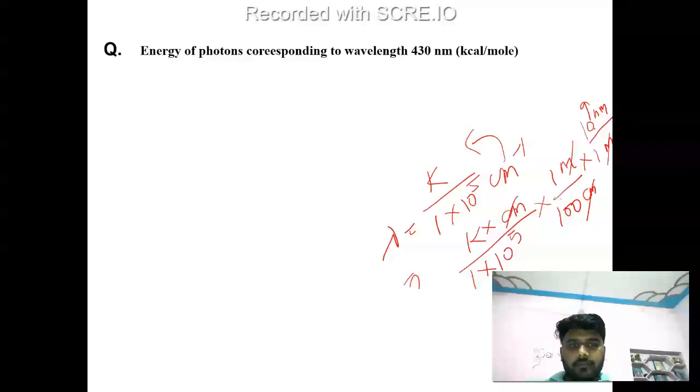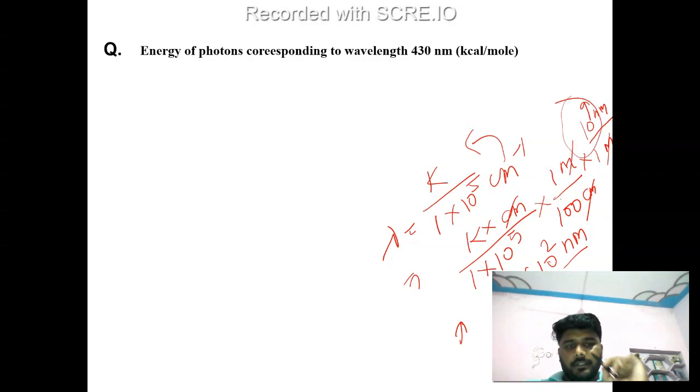You will be having only this 10 raised to power 9 nanometer. So you will be getting k multiplied by 10 raised to power 2 nanometer. If this k value is 9, the wavelength will be 900 nanometer.